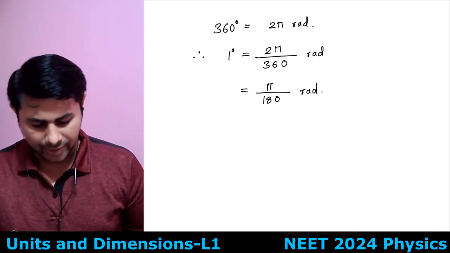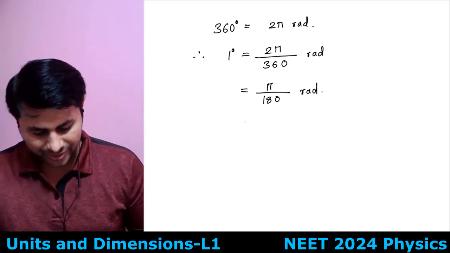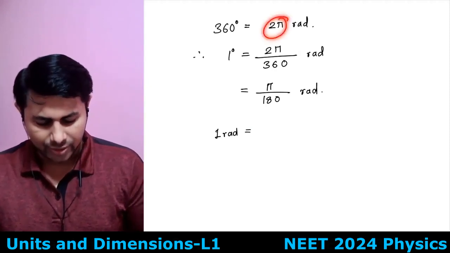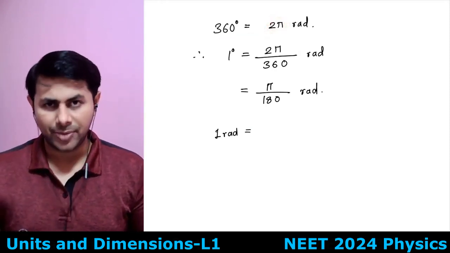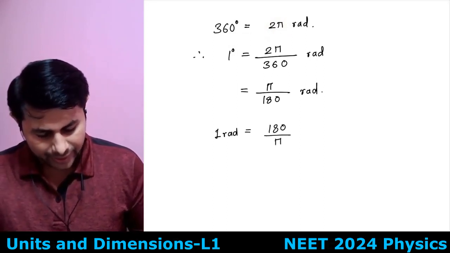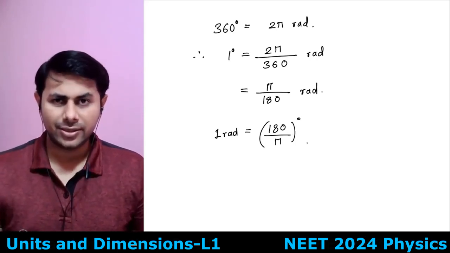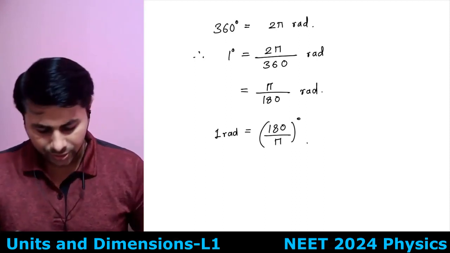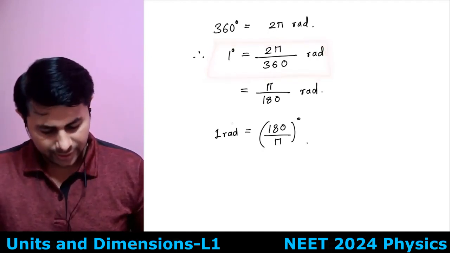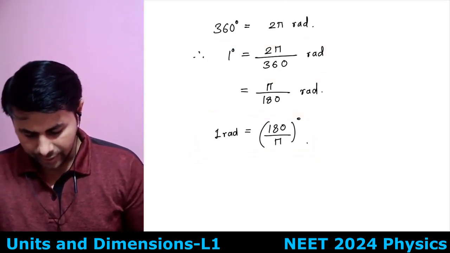Similarly, if I want a radian in terms of degrees, then 1 radian is equal to 360 divided by 2 pi, or 180 by pi degrees. So if you want to convert radians to degrees or degrees to radians, you should use these two formulae: 1 degree equals 2 pi by 360 radians, and 1 radian equals 180 by pi degrees.